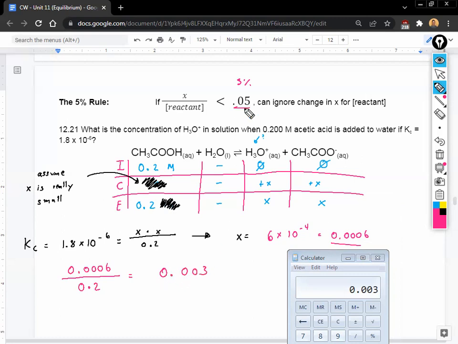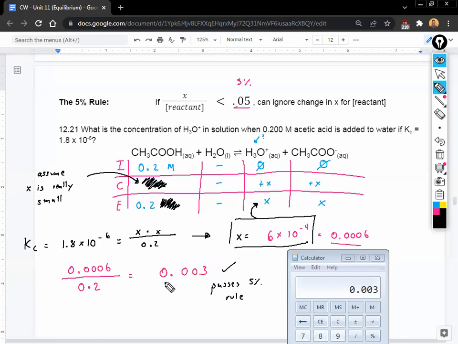And since it is smaller than 0.05, yes, this is going to pass the 5% rule, which means that our value for x is really going to be 6 times 10 to the negative 4, which is going to be the concentration of H3O+.